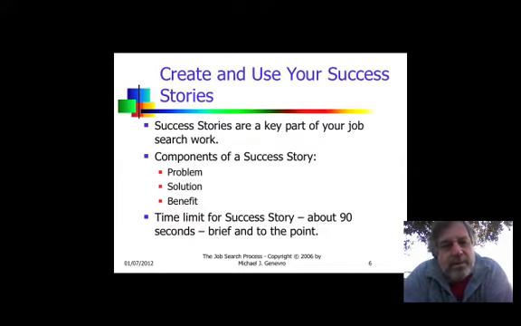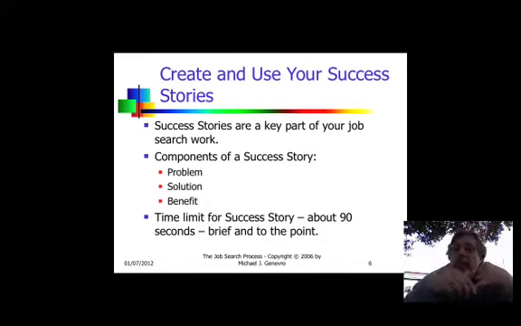And what a success story means is it's a short story where you describe a problem that you faced, usually in the workplace. The solution that you developed for that problem, or you're part of the solution in a team situation, and the benefit that the organization, the employer, or the customers or clients gained from your solution.